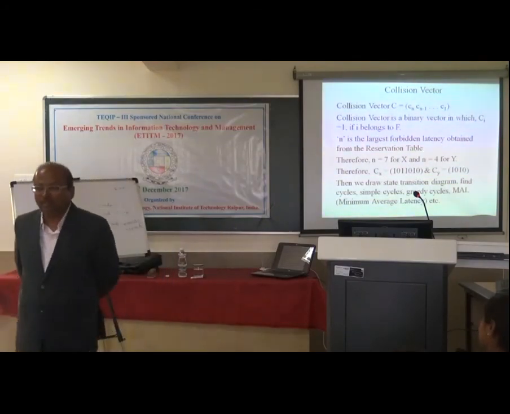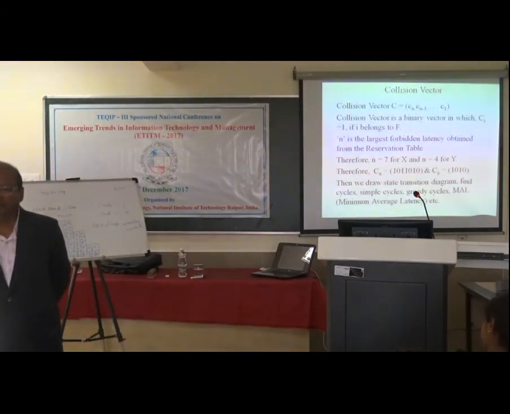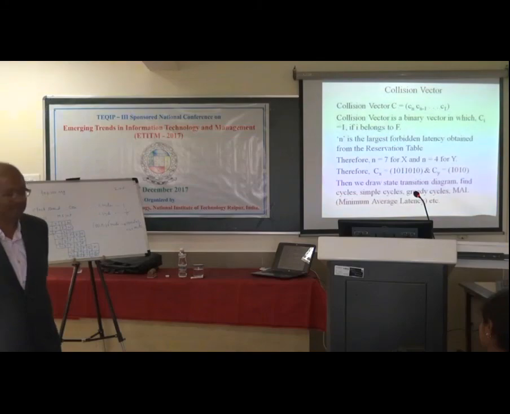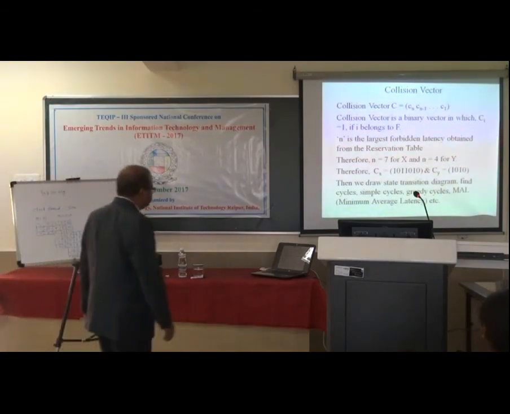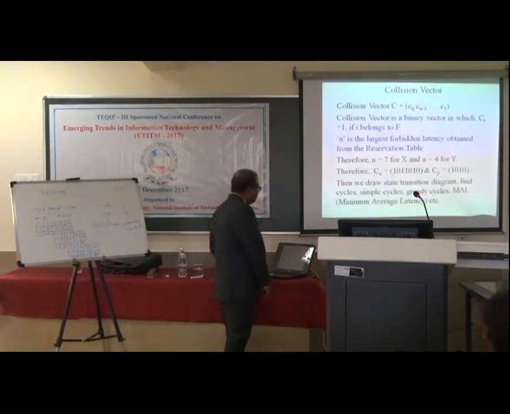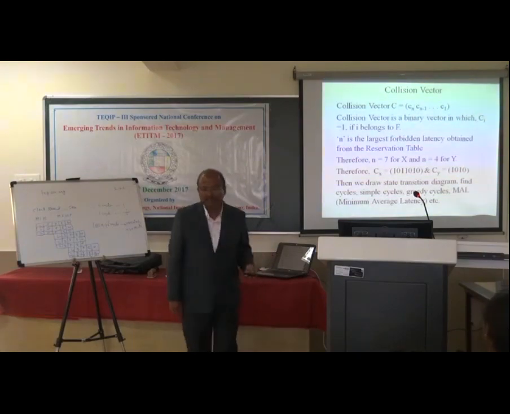After that, we draw a state transition diagram and then find simple cycle, greedy cycle, and minimum average latency. I am not covering that part here, but I have given this brief detail. If you want to go into more detail, you can go through the book of Kai Hwang, Fritz, etc. Any doubt in this?